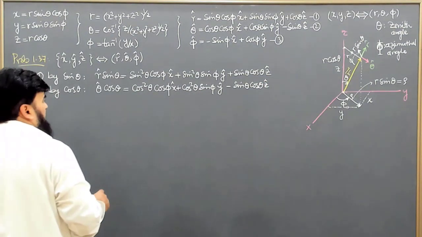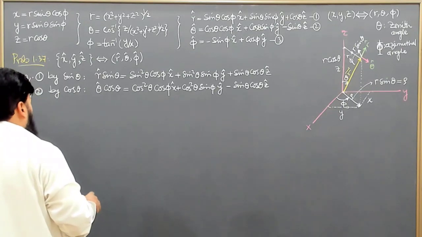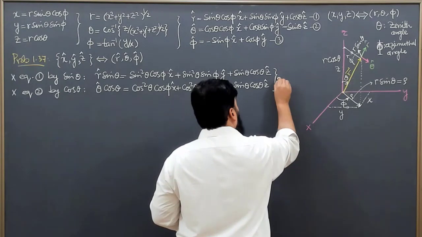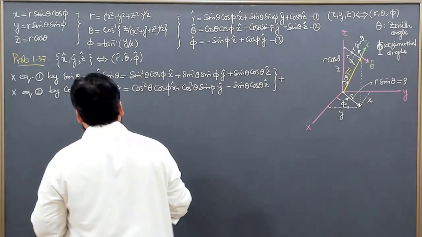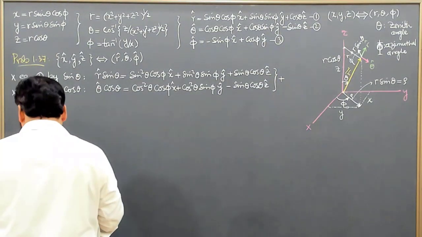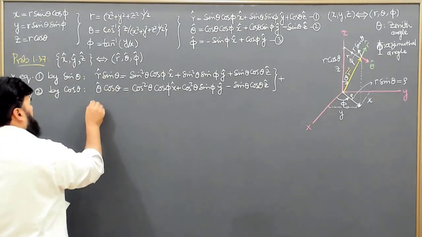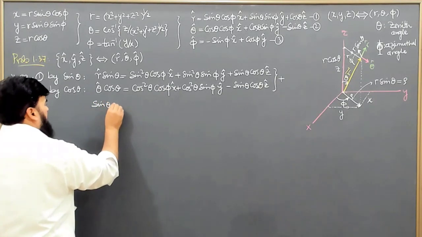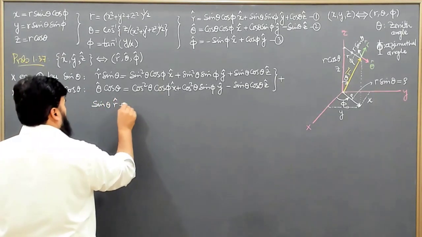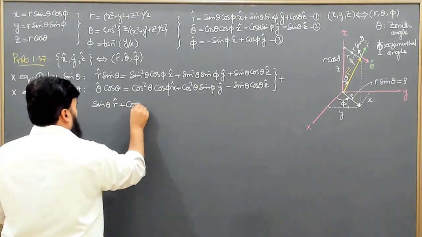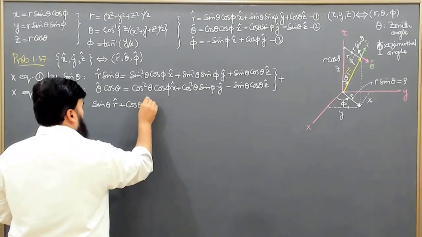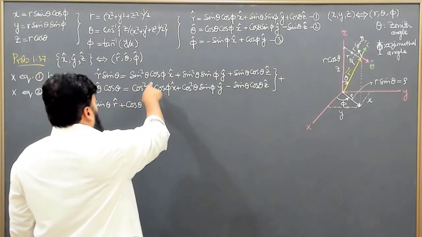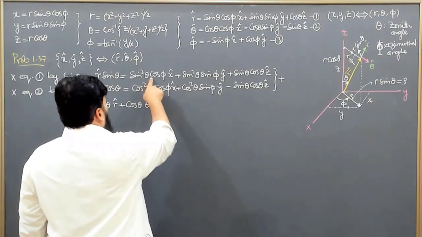Now let us add these two. Adding these two will give us sine theta r unit vector plus cos theta theta unit vector, and this will be equal to this plus this.